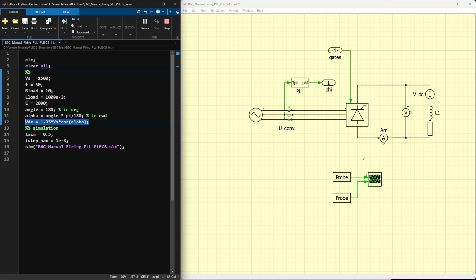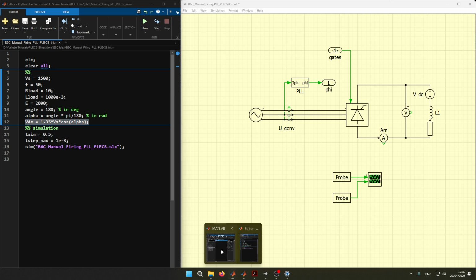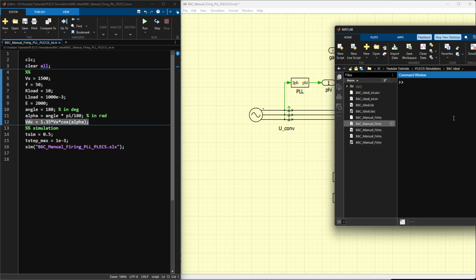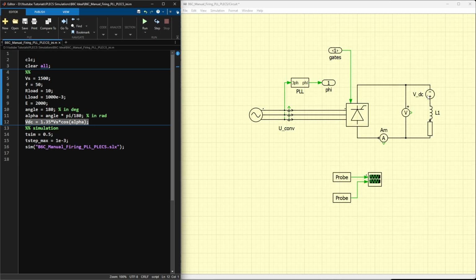Let's rerun, it should be the correct value. So VDC is minus 2025 volts. This is actually the correct one. I apologize for the confusion. We had to add this negative voltage source here in order to see the inversion effect of the converter.